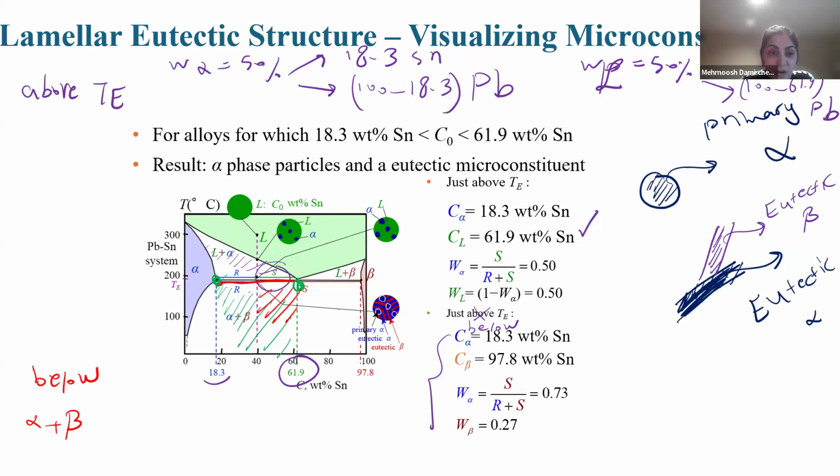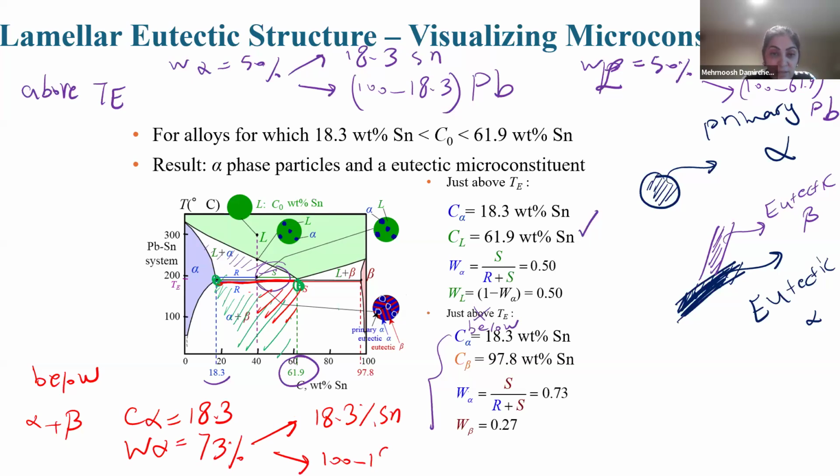So C alpha is 18.3, and W alpha is 73%. 73% alpha, 18.3% Sn, and 100 minus 18.3% is Pb.